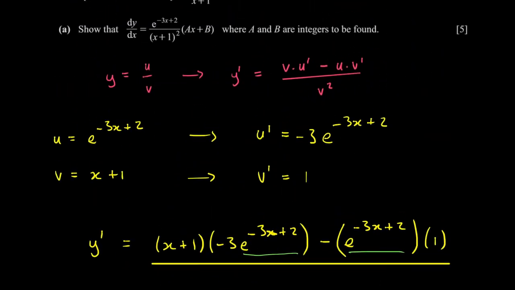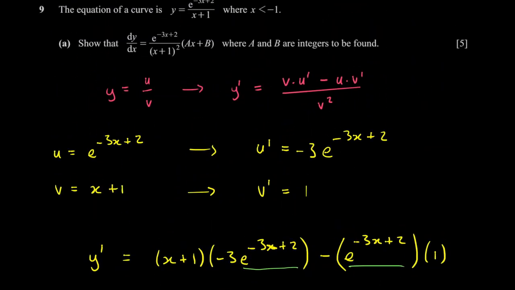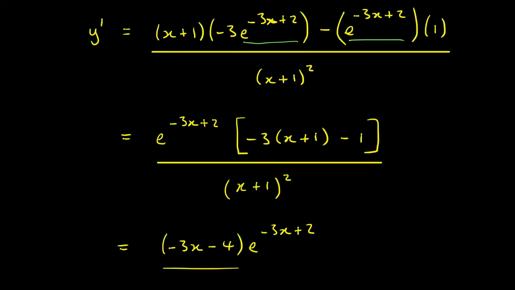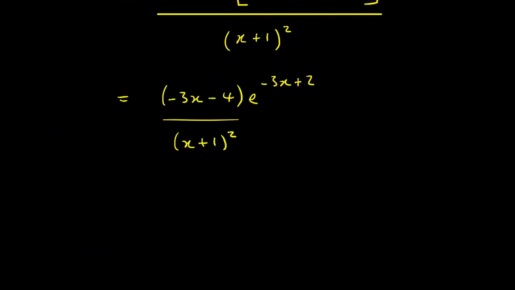Now I think that's probably the form that we're asked to give it in. So I think therefore that a is going to be negative 3, and b is equal to negative 4. So I'm just going to check the answer against the mark scheme, make sure that I have got it right. Yeah, negative 3 and negative 4. Okay, so we're all happy with that.